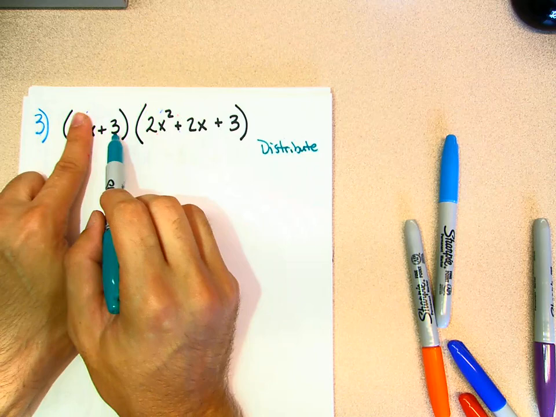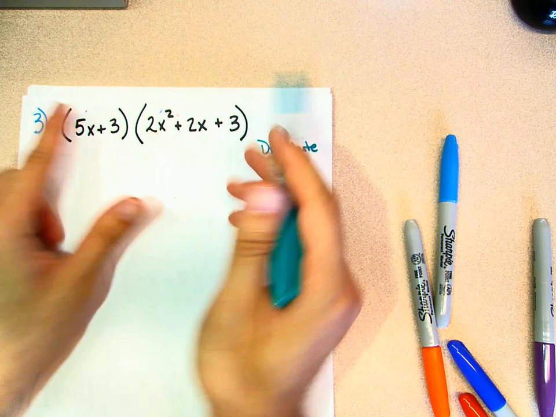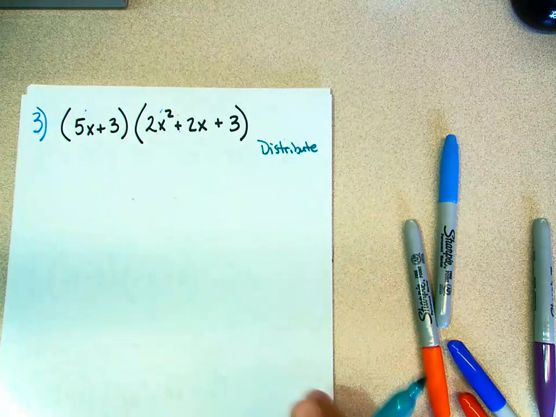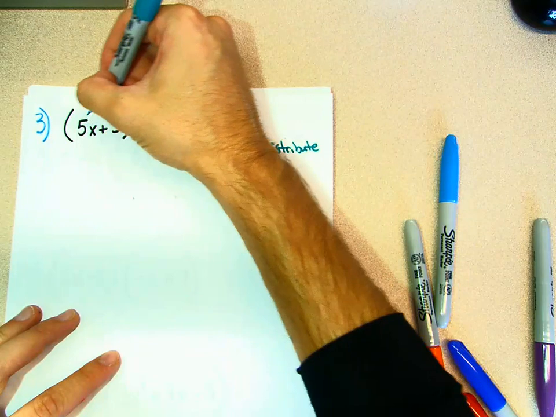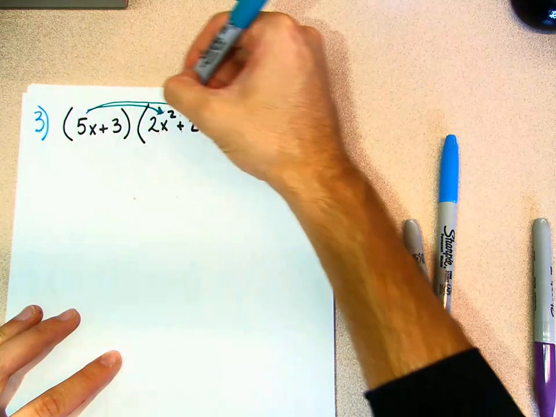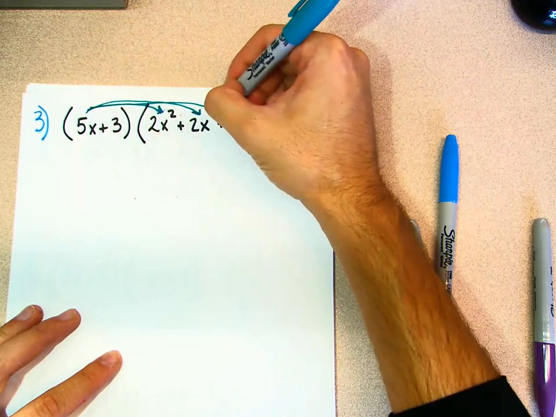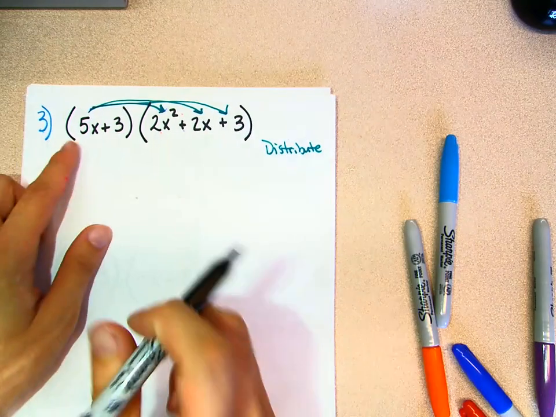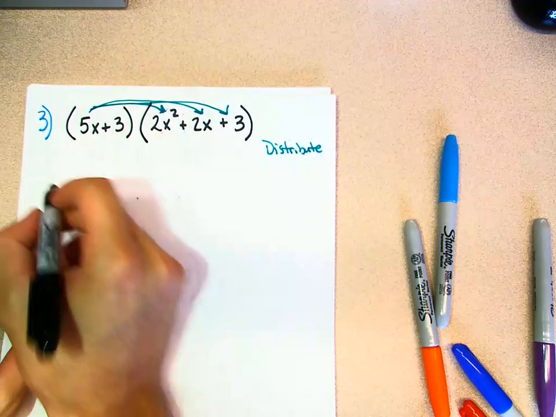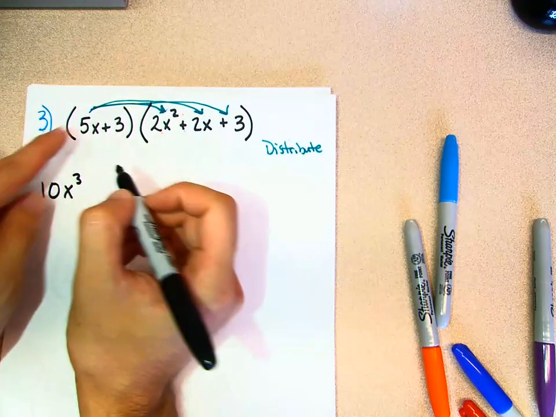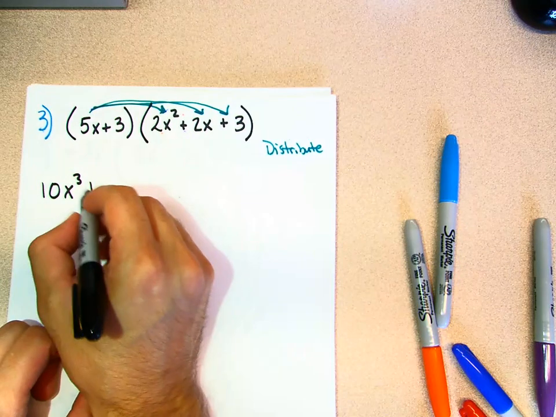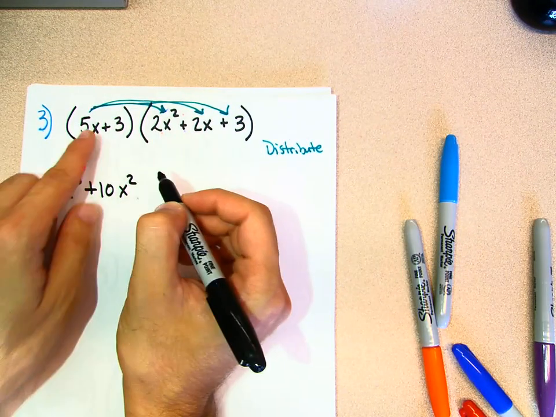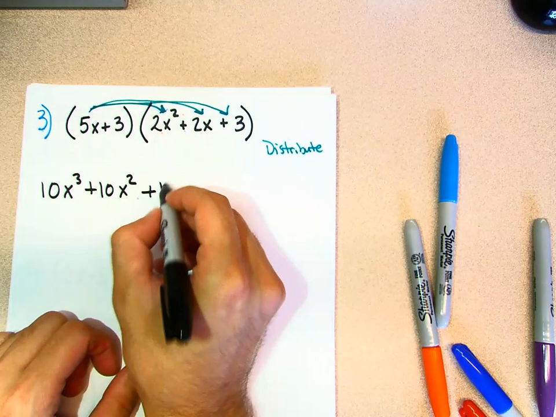Then the 3 has to multiply to each of them, and then we put it together. So here, it's 5x to this, to this, to this. So then what does that become? 5x times 2x squared is 10x cubed. 5x times 2x is 10x squared. 5x times 3 is 15x.